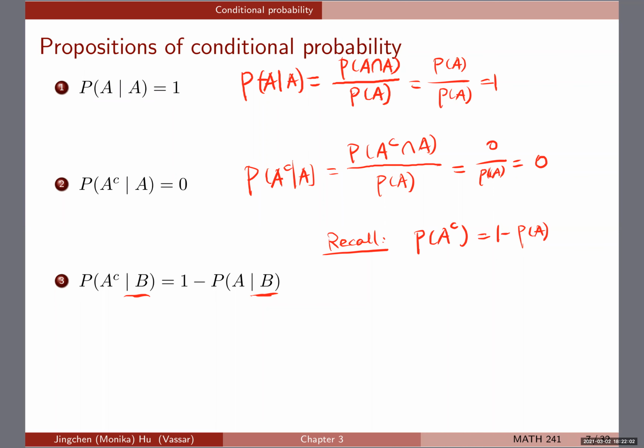Now we're adding the conditional everywhere, and it's no different in terms of the results. I encourage you to make sure that you understand how you can show that this is true.